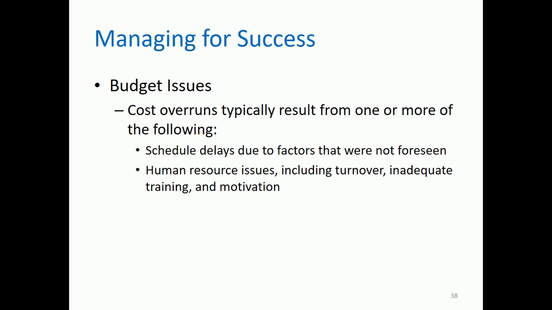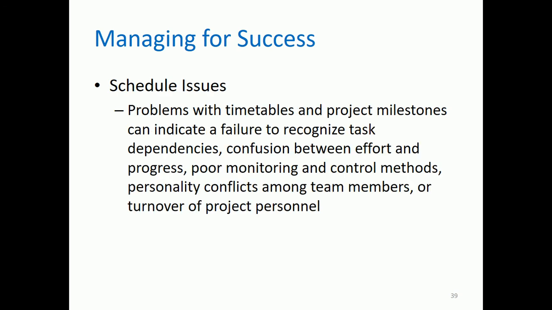If the employee is already disgruntled or demotivated, it will also affect his or her productivity, and it will also affect the operations of the company or the office that he or she is included in. Okay, next we have schedule issues. Problems with timetables and project milestones can indicate a failure to recognize task dependencies.